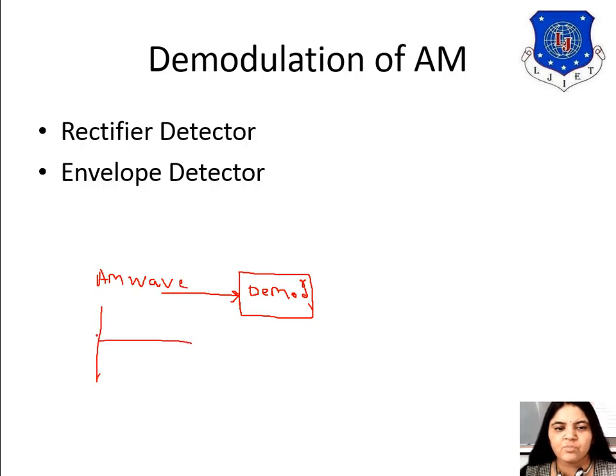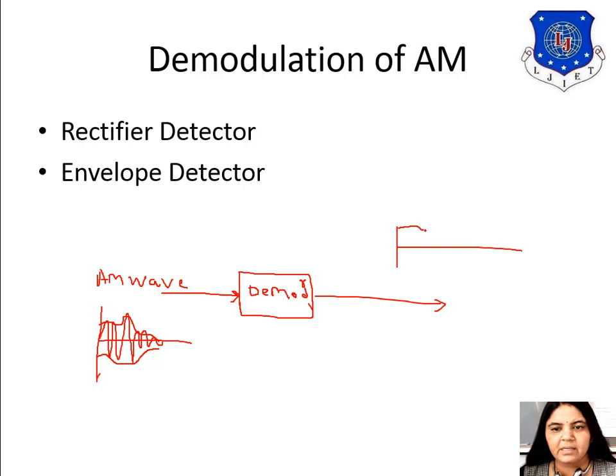The amplitude modulated output consists of the carrier as well as its shape, which is like your modulating signal. So it's an AM wave applied to the demodulator. The output of this is the imaginary line, and that's nothing but your information signal.